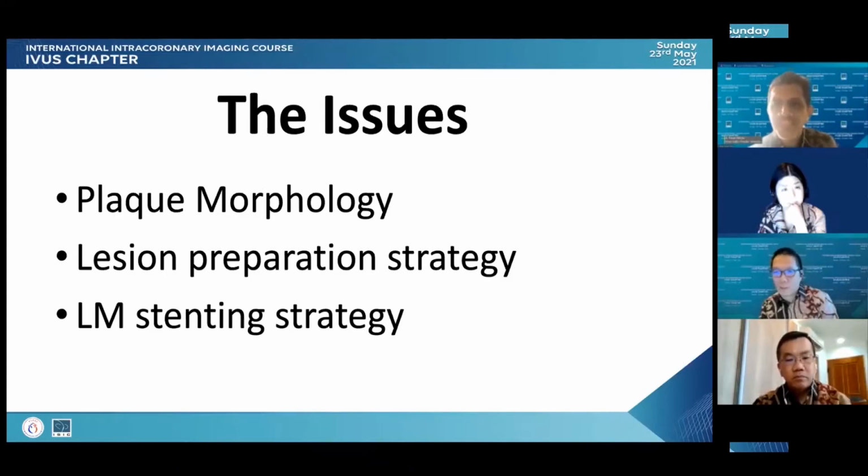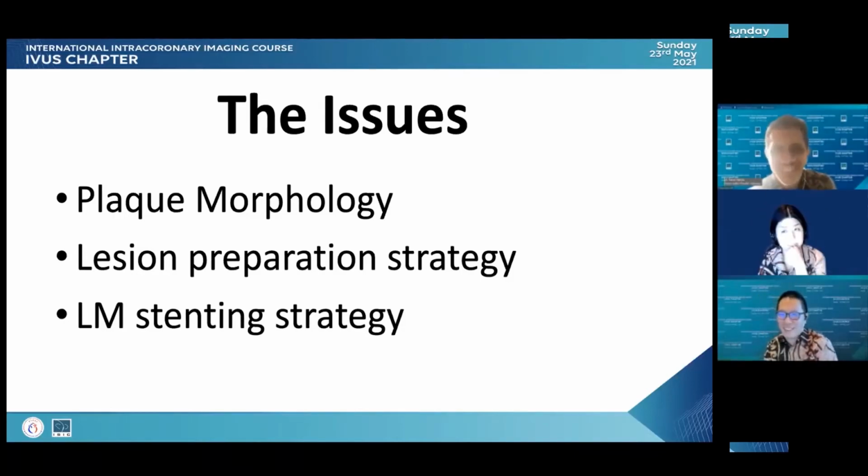Dr. Fauzi, please. Yes, at that time I was surprised by the plaque morphology, and it would have been better to refuse to do PCI, but thinking that we have to do the best we can, and the plaque morphology revealed that this is a calcified nodule, which is a calcified plaque.